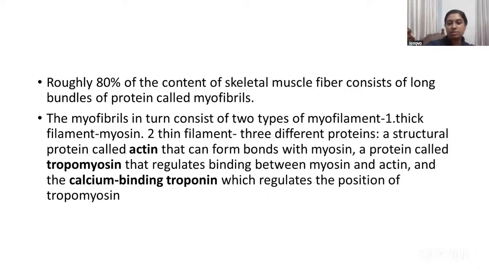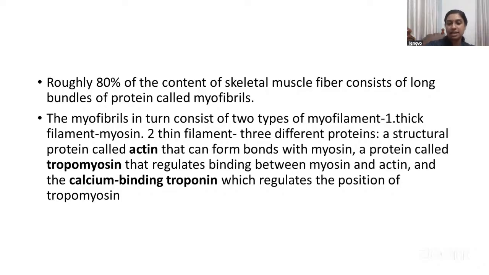When calcium is released from the sarcoplasmic reticulum, from the L tubules, this calcium binds to the C component of the troponin, and it leads to some change in troponin, which causes the tropomyosin to move back and unhide the myosin binding sites present in the actin.